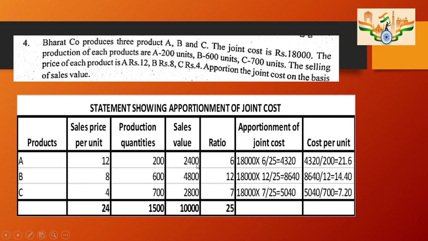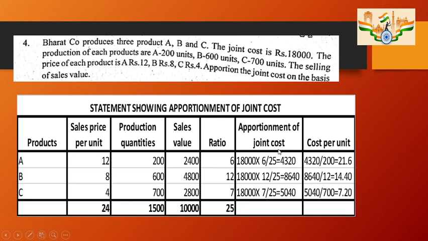So you can divide this, 2 zeros gone, this 2 zeros gone, this 2 zeros gone. 24, 4 sixes are 24, 4 twelves are 48, 4 sevens are 28. So 6 is to 12 is to 7.